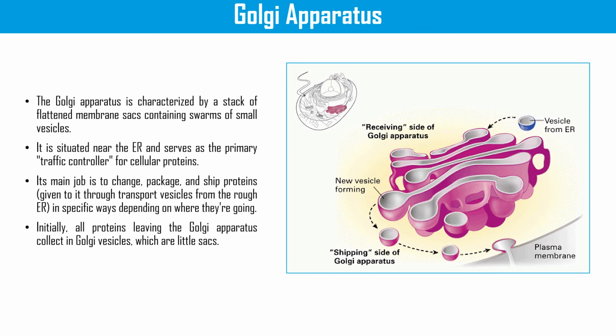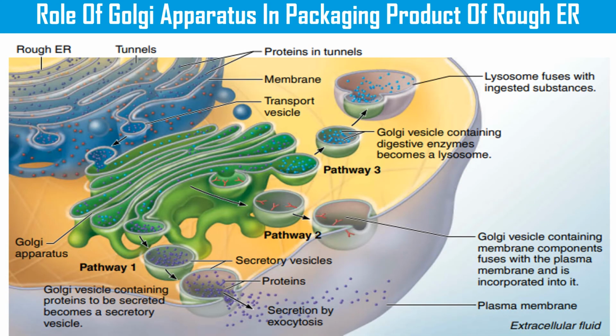Initially, all proteins leave the Golgi apparatus, collect in Golgi vesicles, which are the little sacs. As protein tagged for export accumulates in Golgi apparatus, the sac swells. Then their swollen end filled with protein pinch off from the secretory vesicle which travel to the plasma membrane. When the vesicle reach the plasma membrane, they fuse with it.